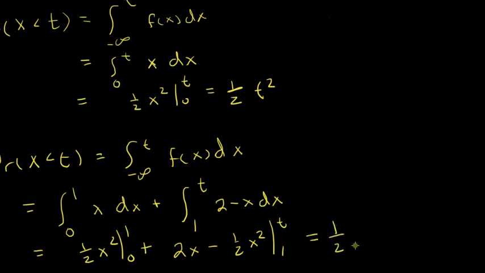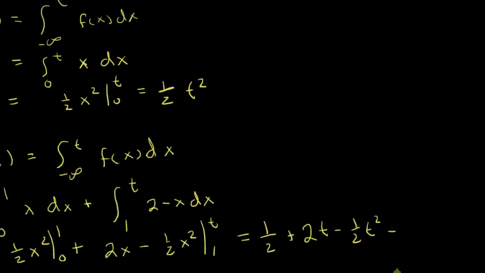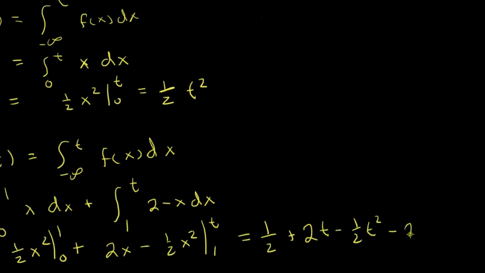And we get 1/2, that's the first piece, plus 2t minus 1/2 t squared. Okay, that's me plugging in t. Now I need to plug in 1: 2 minus 1/2, in parentheses. What's 2 minus 1/2? It's 3/2, so it's minus 3/2. We have that positive 1/2 there.